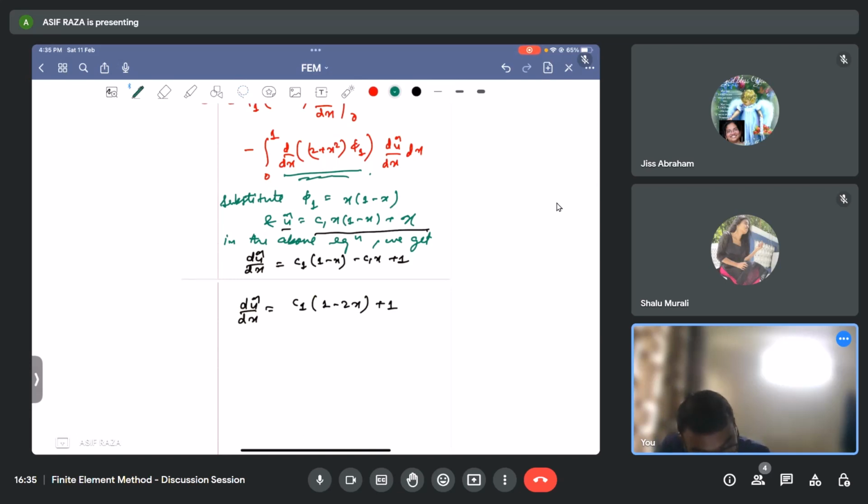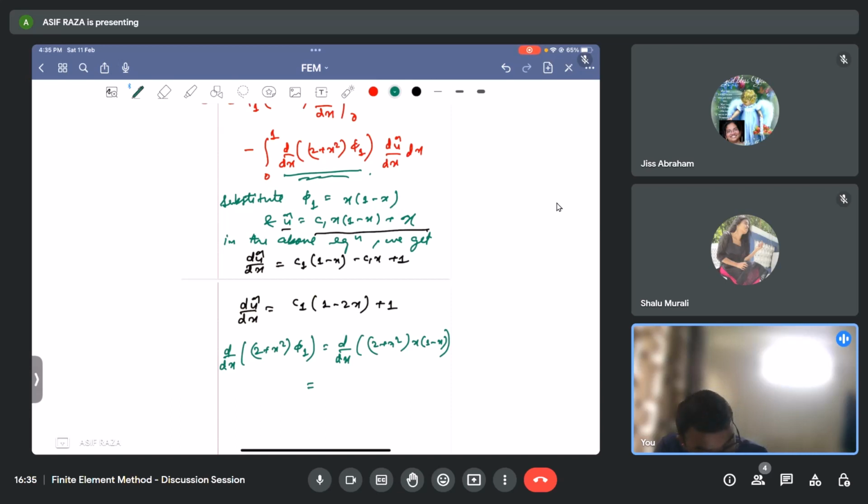Okay, so d by dx of (2 plus x square) phi 1, where phi 1 is x(1 minus x). Apply the product rule.